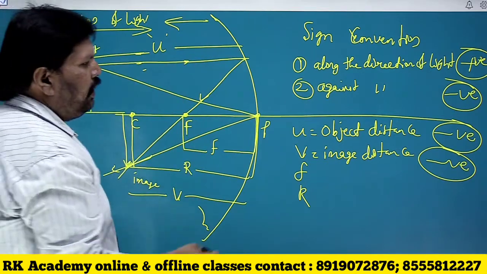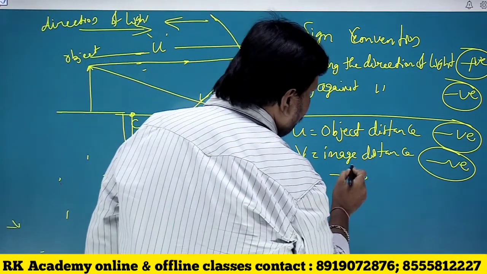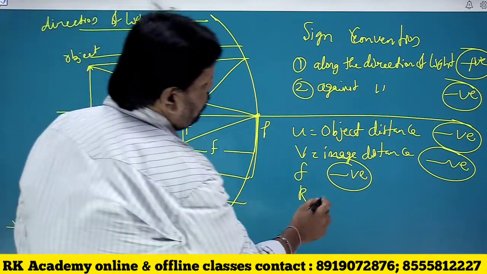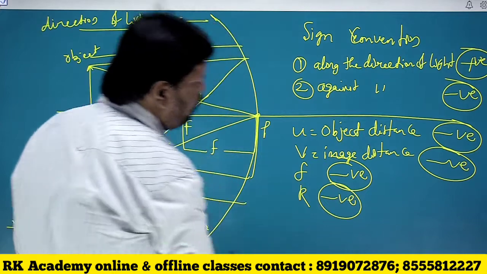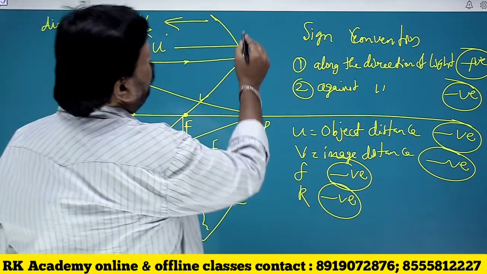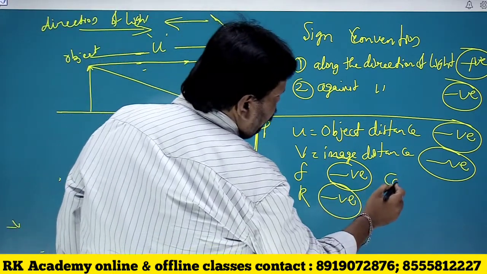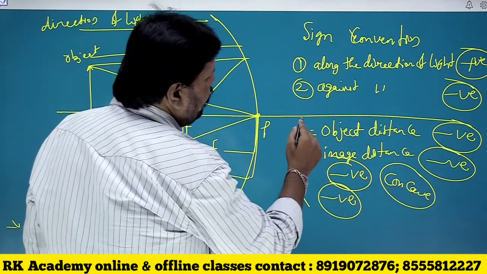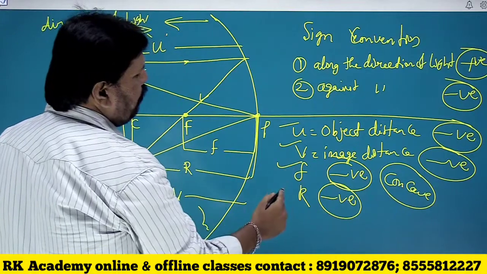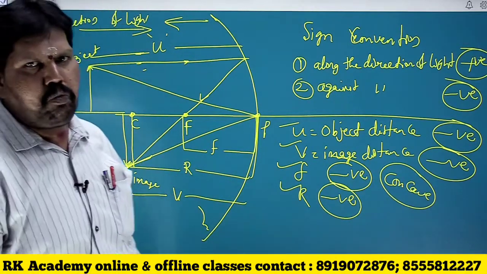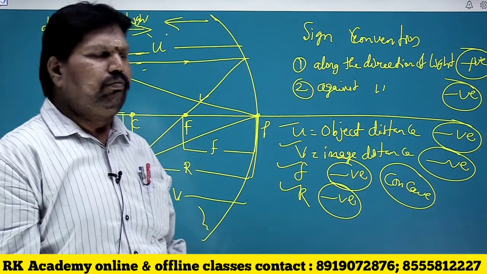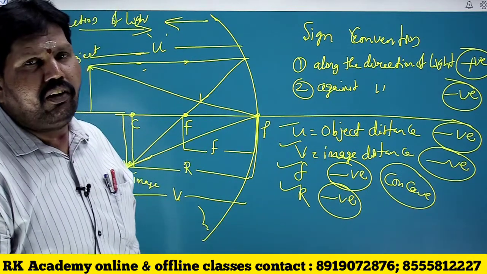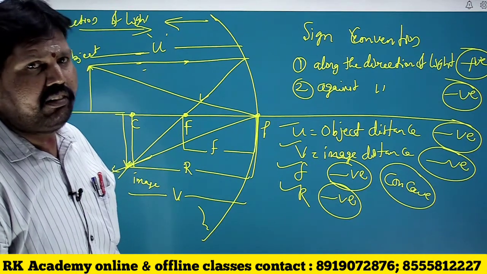Even focal length is also negative, because this is also measured in the opposite direction. And radius of curvature is also negative. For concave surface, U is negative, V is negative, F is negative, R is negative.